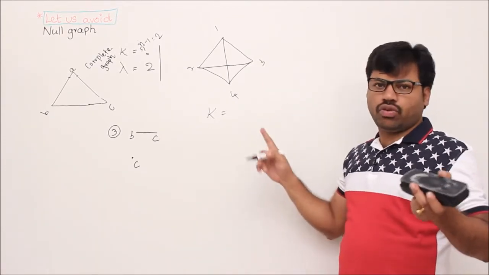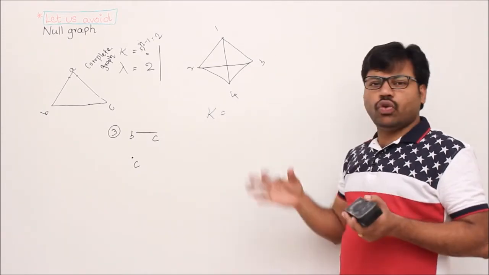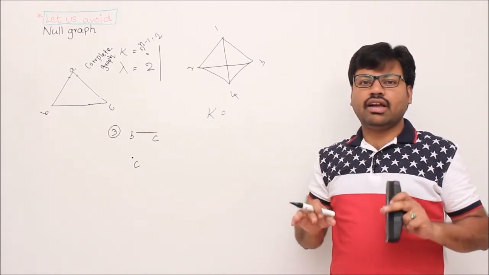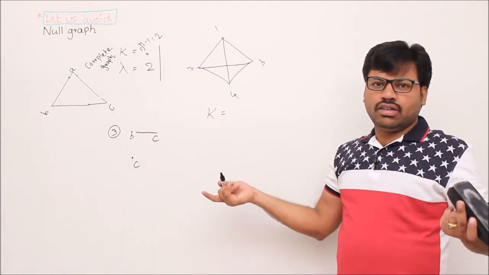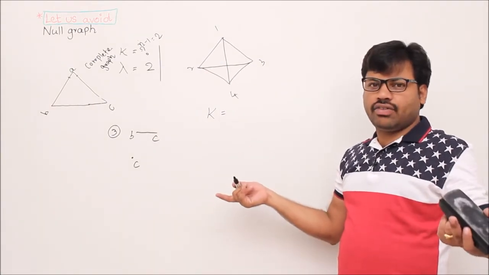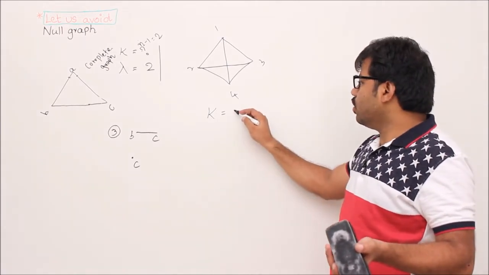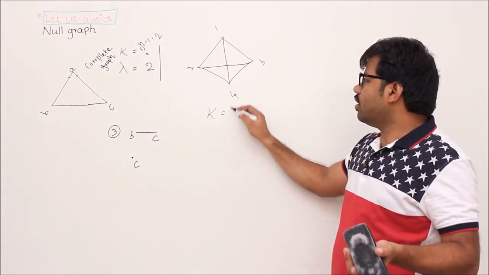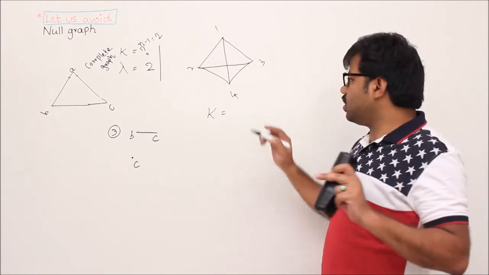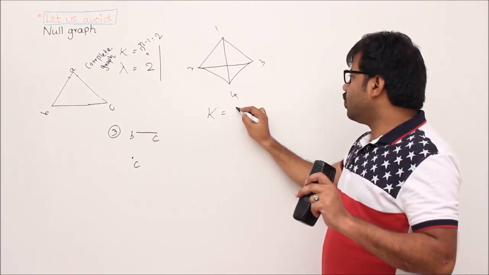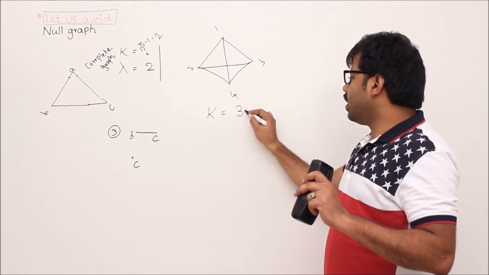After removing all 4 vertices, you end up with a null graph, but we are not considering a null graph as a graph. So we cannot disconnect this graph. Then the k value will be, according to the assumption, n minus 1. We have to take it as an exception. So it will be n minus 1, where n is 4 here, 4 minus 1, 3.